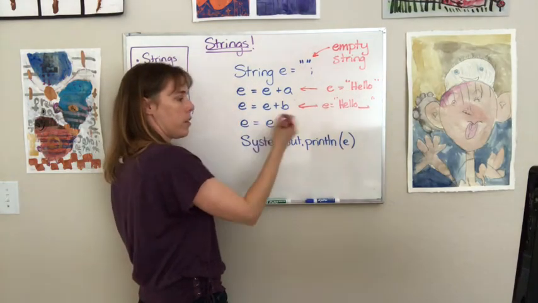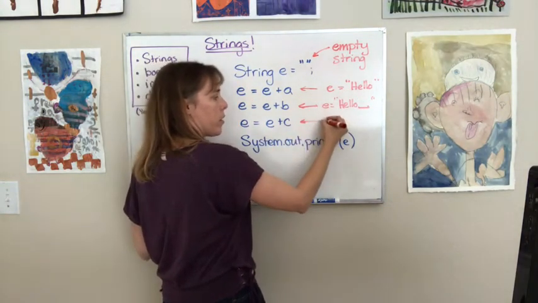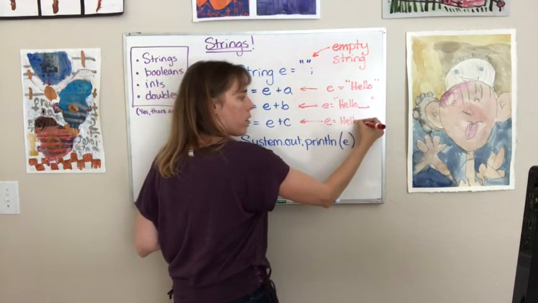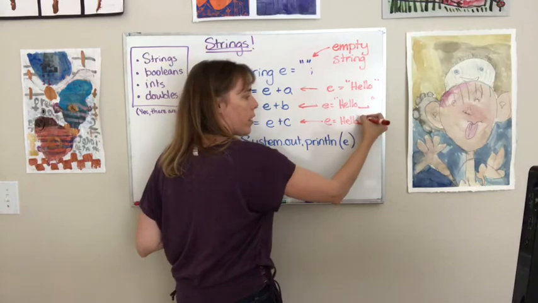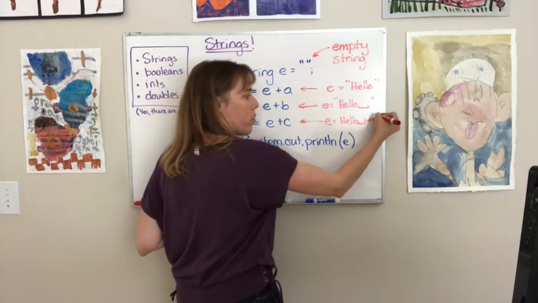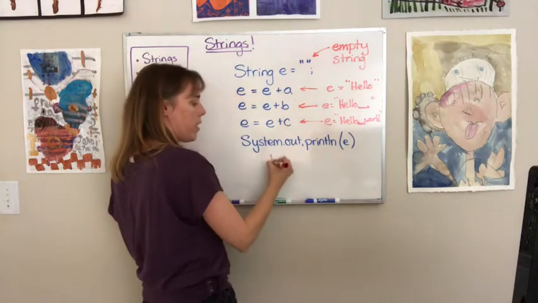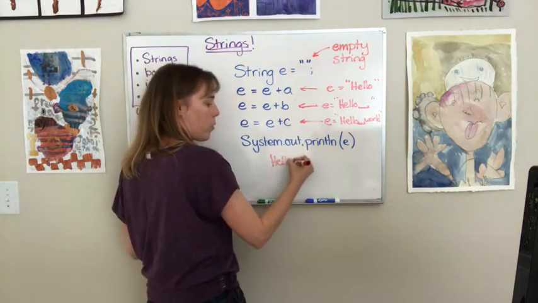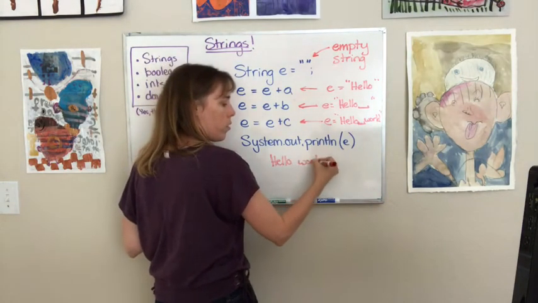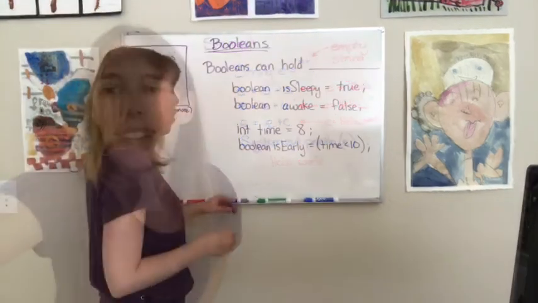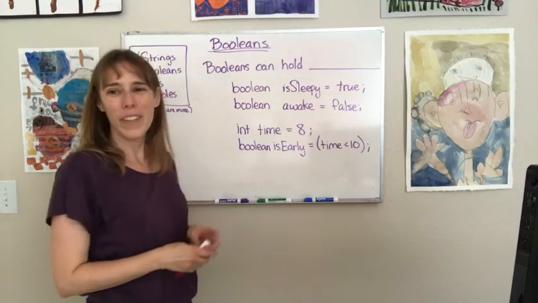And then in this one, the current E is hello space, and to that I'm going to add world, because world was C. So when I print this at the end, it's going to print hello world. No quotation marks. Okay? Okay, so we've now finished strings.